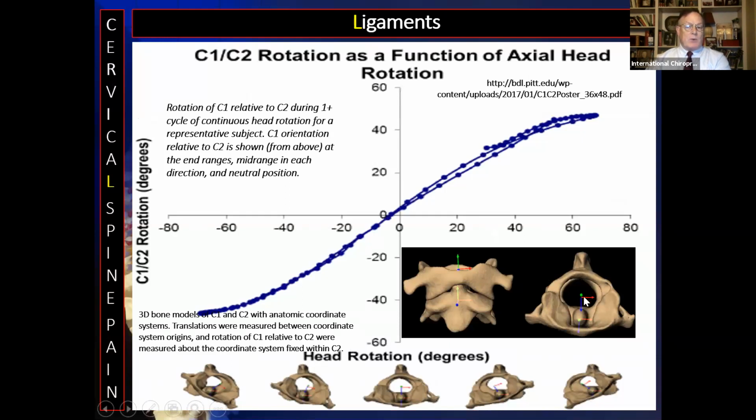Now, if you look down the central canal, look at the width of that. These are anatomic coordinates from dead center, so dead center to anterior to leftward and so forth. So it's going to change height of C1 relative to C2, and in this particular case, we're going to see narrowing of the central canal. When you look all the way to the right, you're going to narrow the canal this way.